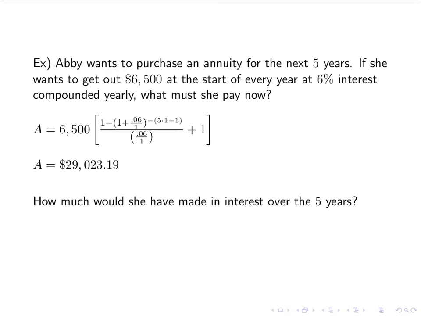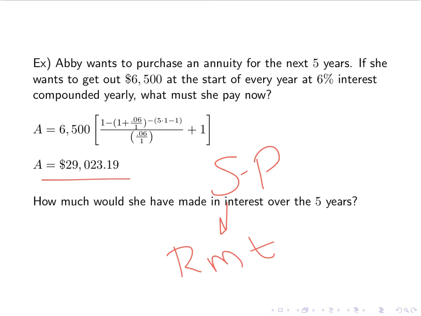How much would she have made in interest over those 5 years? So again, it is S minus P. So in this case, P is A, it's the present amount, and then S is the future amount. That, in this case, is RMT. So sometimes the RMT is the present amount, sometimes it's the future amount.